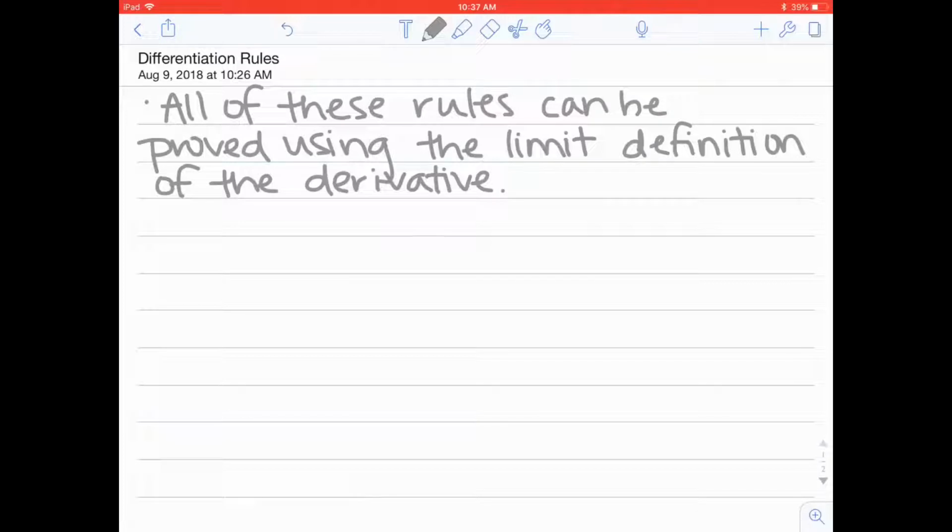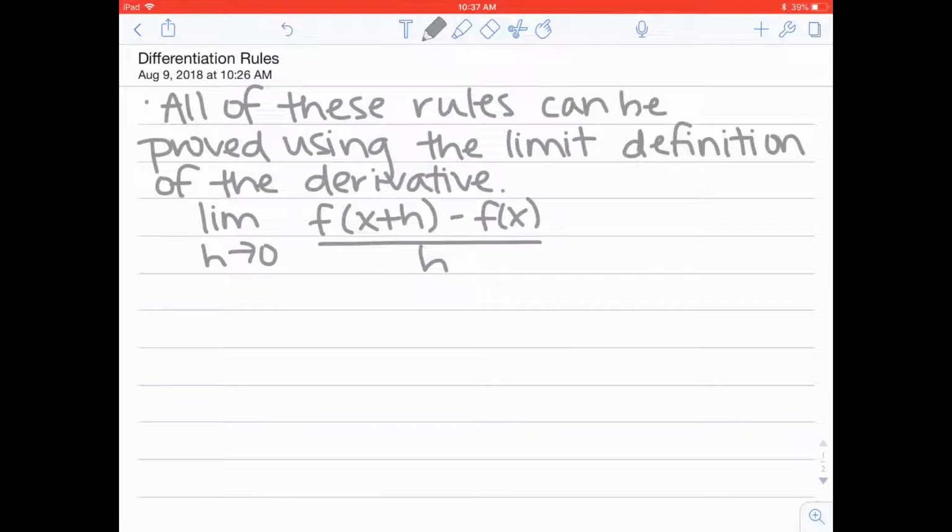So what I mean by that is this process that we've been doing where we say the limit as h approaches 0 of f of x plus h minus f of x divided by h. If you guys recall, that definition of the derivative comes from finding the slope between 2 points and saying that the distance between those 2 points is approaching 0, and so that's how we're finding that instantaneous rate of change.